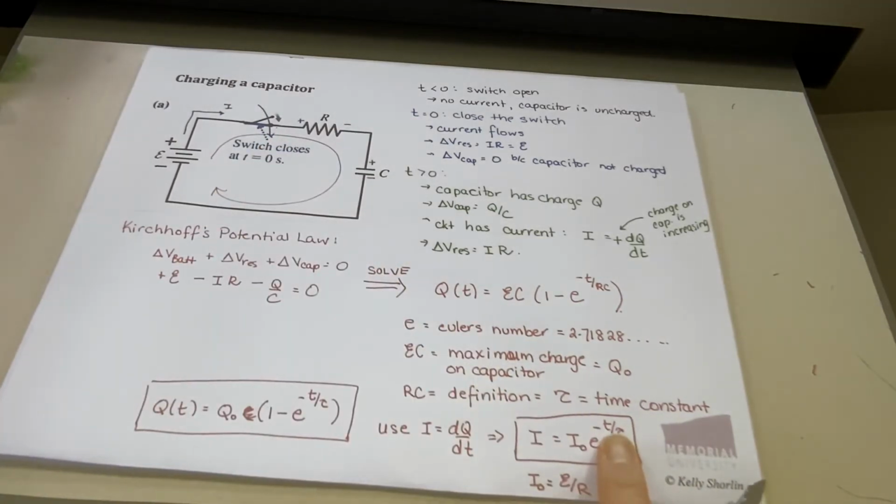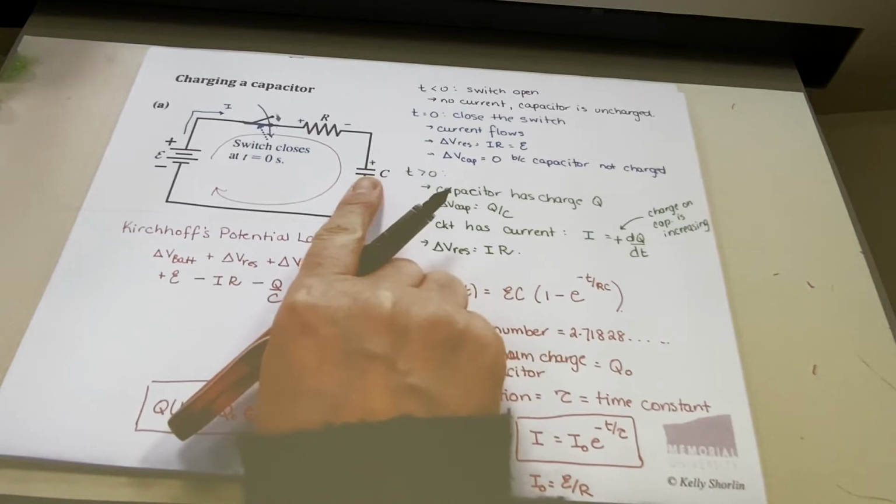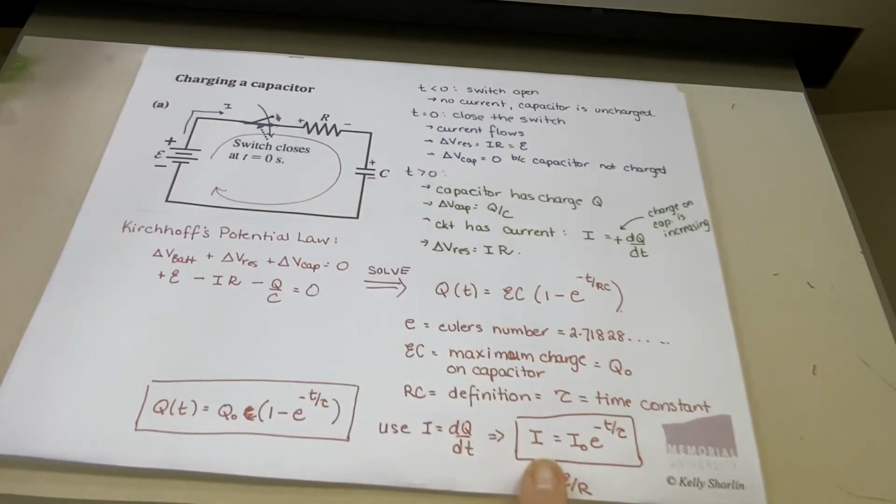Over time, as t gets really big, it's harder and harder for the current to flow, so the current goes to 0. When the current goes to 0, that's how we know the capacitor is all charged up.